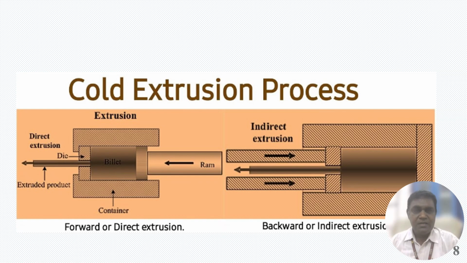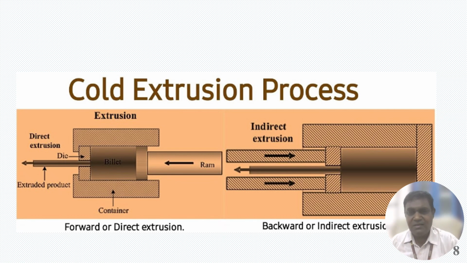So that is drawing. Next, the cold extrusion process. See that the metal is kept here and the die is provided here. Whatever shape the die has will come out, extruded through this die, by applying force with the ram on the other side. Then the required shape of the product comes out from the original product. This is called direct extrusion. In direct extrusion, the extruded product and the ram move in the same direction.